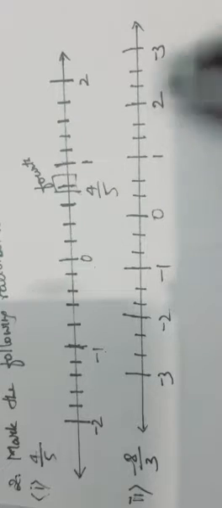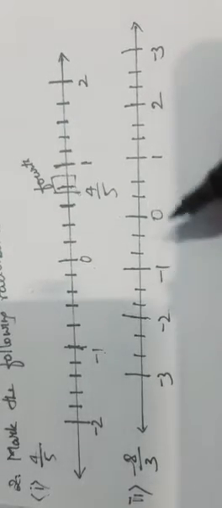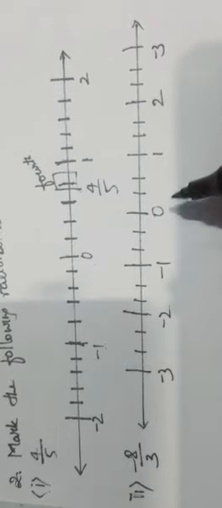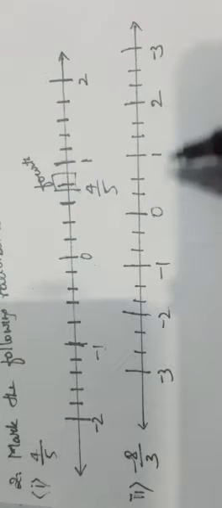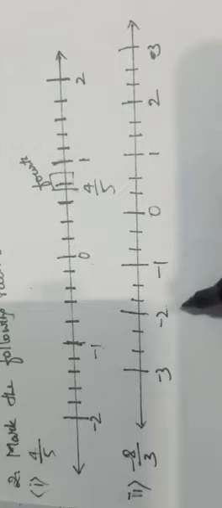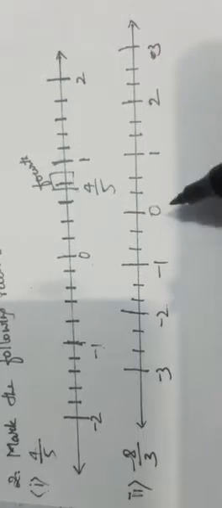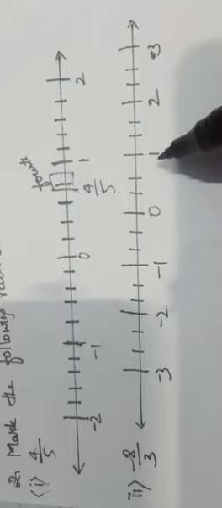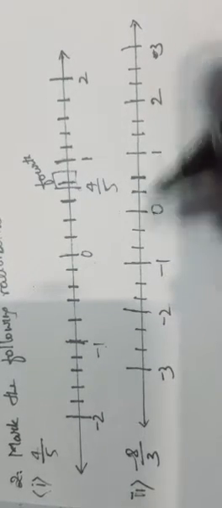We draw the number line or a straight line with the help of the ruler, and we represent first the integers 0, 1, 2, 3, and minus 1, minus 2, minus 3. Between 0 and 1, observe, children, I have made totally 3 divisions because here in the denominator we have 3.